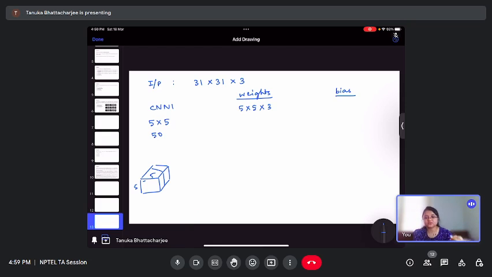Each dimension will have 5 cross 5 number of weights. So total is this for one particular filter. Like that you have 50 filters, so total number of weights will be this into 50. This will amount to 3750.